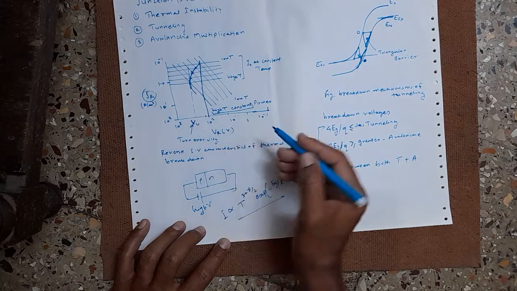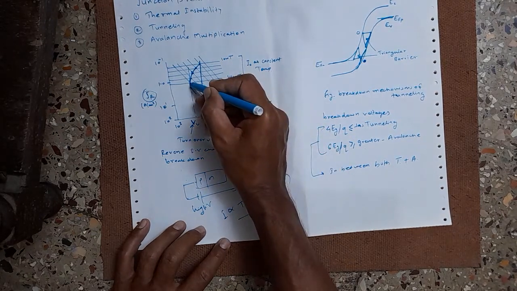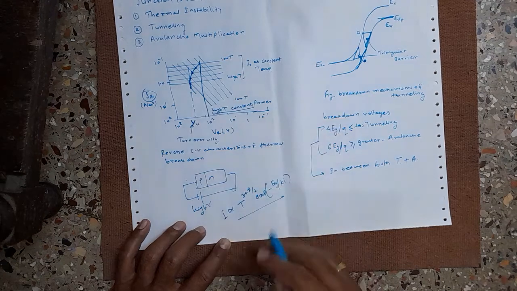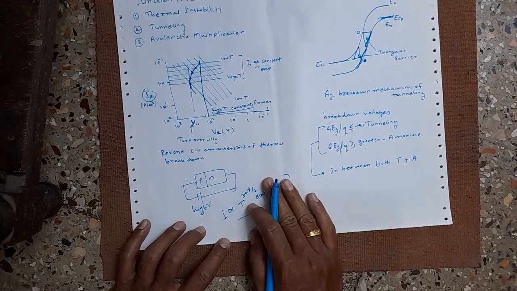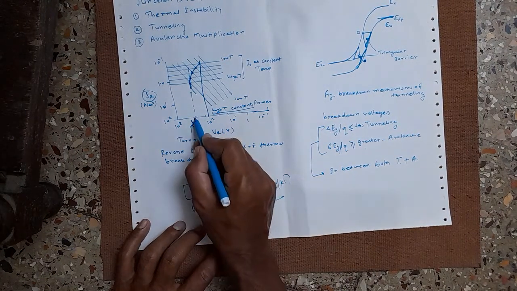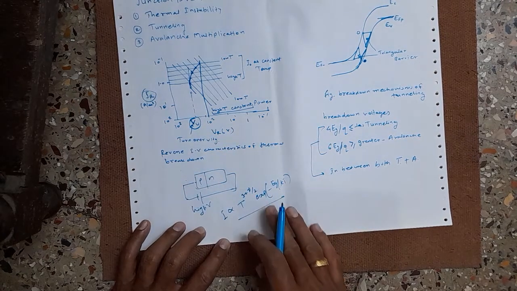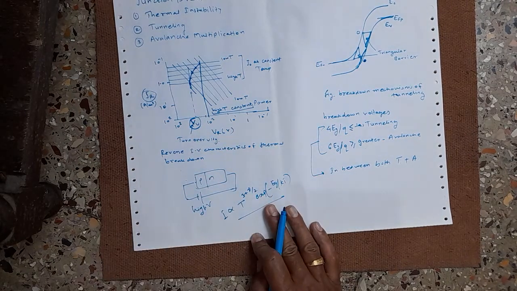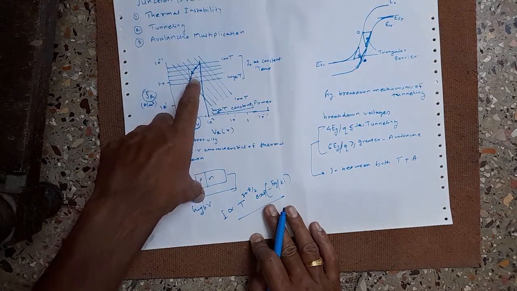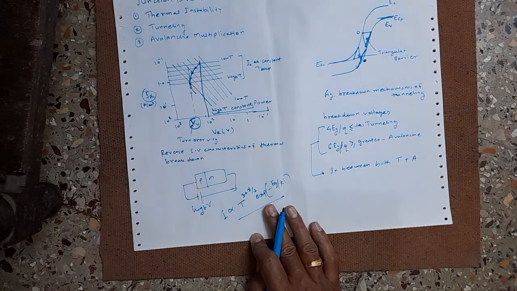Okay, the voltage corresponding to that intersection point is called the overvoltage and is represented with the phi u. For any kind of p-n junction with relatively large saturation currents, such as germanium, the thermal instability is very important.